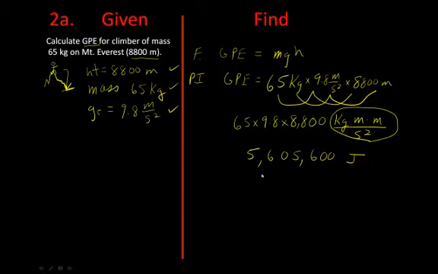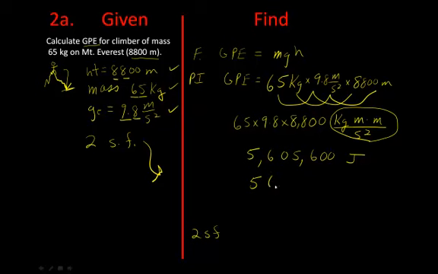And these numbers give us a total of 5,605,600 joules. That's too many digits. After all, we're only allowed two significant digits in all our inputs. So we have 2 sig figs to start, which means in our answer down at the bottom here, we're only going to be allowed 2 sig figs at the very end. So let's round.